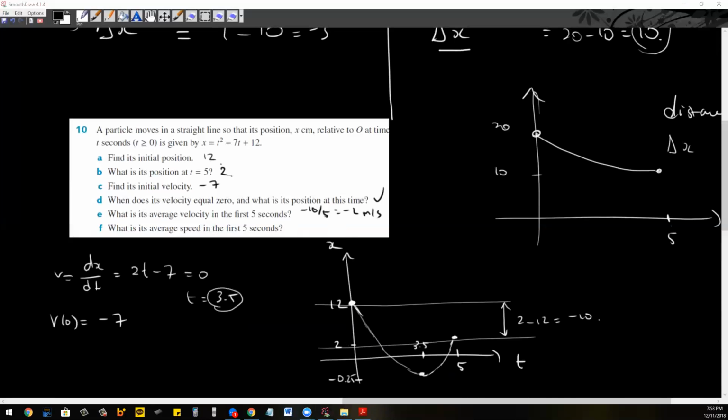Is it 14.5? 14.5, all right. So 12.25 plus 2.25, that's right. So it's 14.5. See? So you figure out that distance.